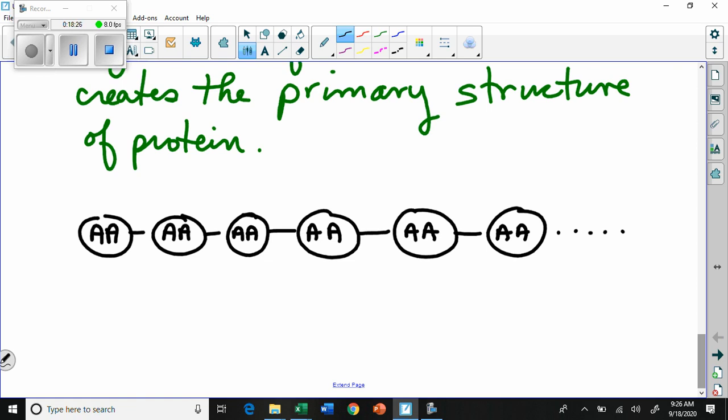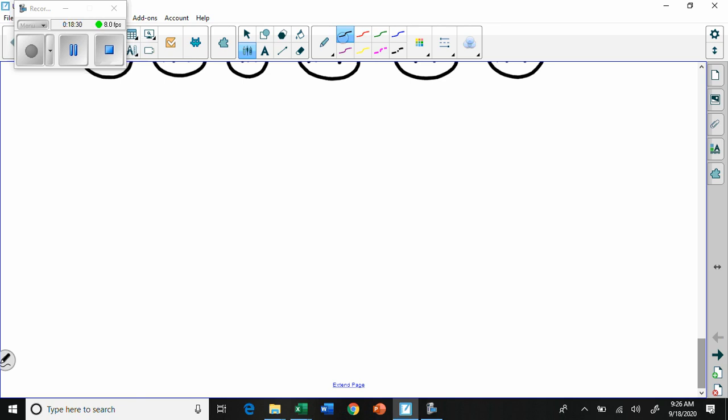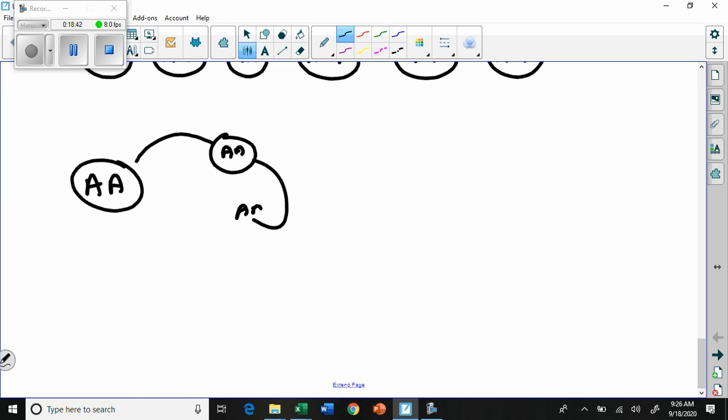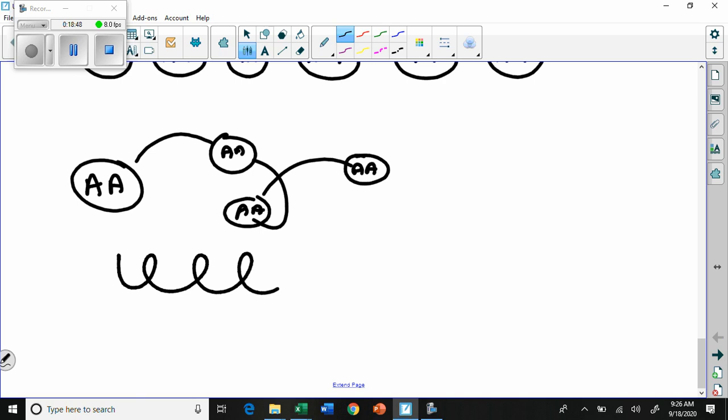So instead of this picture that I've drawn here, what we tend to get instead is a kinked up picture, which tends to spiral. It's difficult to draw that, but it's basically a spiral-shaped line that's something like this. And it's because each of the little R groups on these amino acids is pushing and pulling on each other.